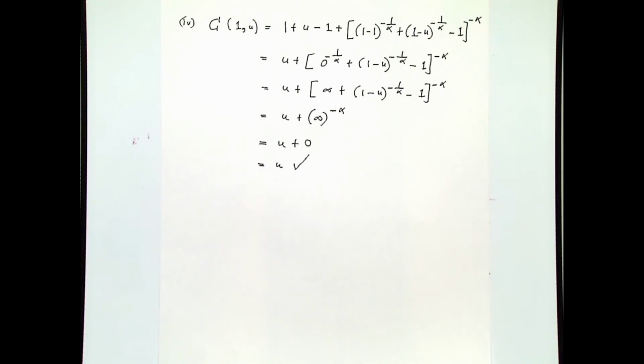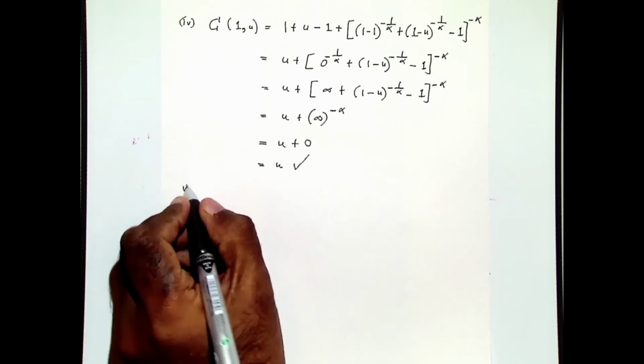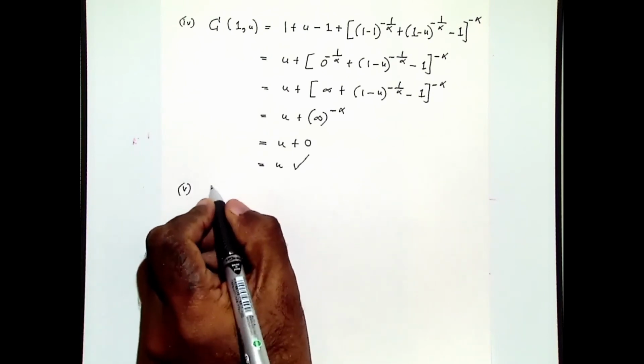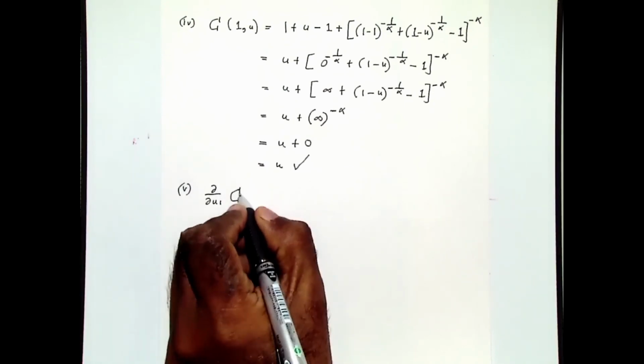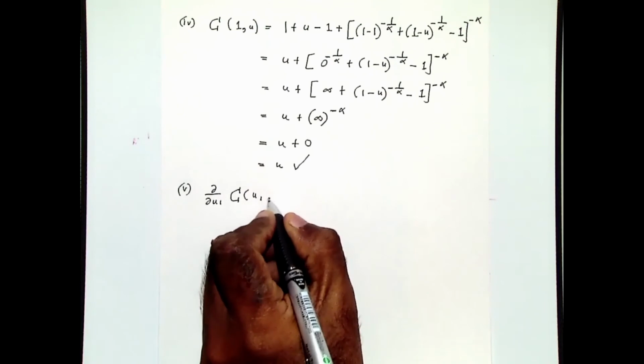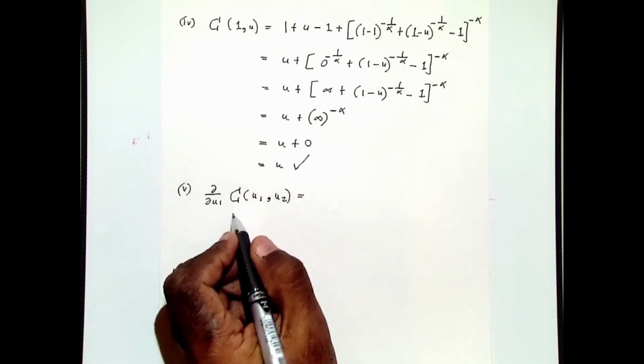Alright, now the next condition is condition 5. So we find the partial derivative of the function C with respect to u1, right?